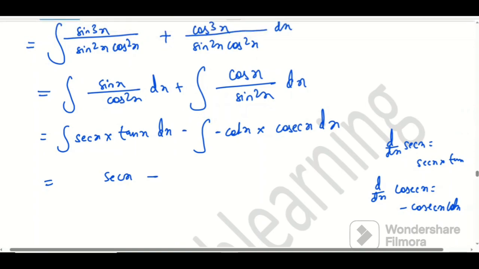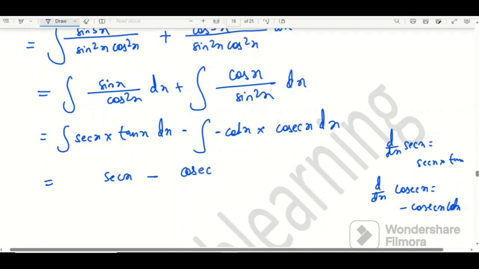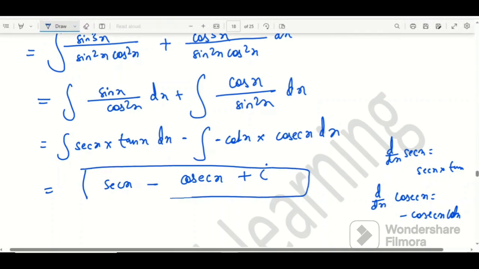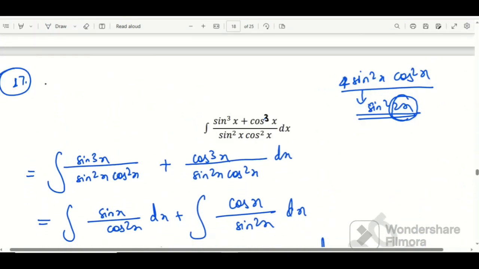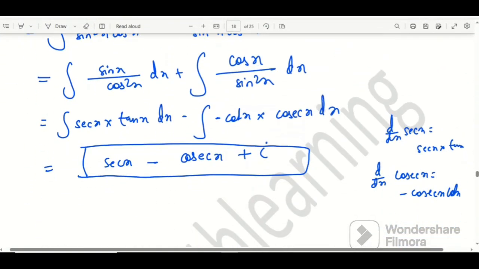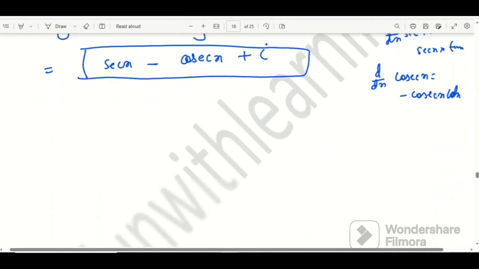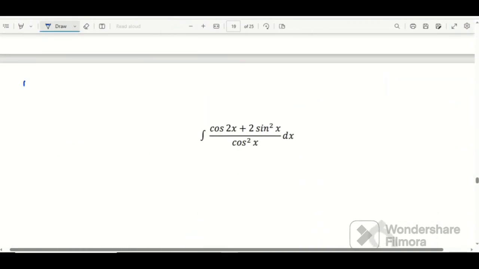So integration of this thing will be minus cosec x plus c. This was 18th number. Yes, okay, it is 17th number. 17th number answer is sec x minus cosec x plus c. Okay, it is right. Now we have 18th number.